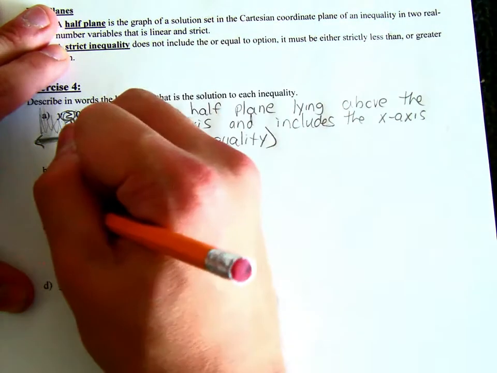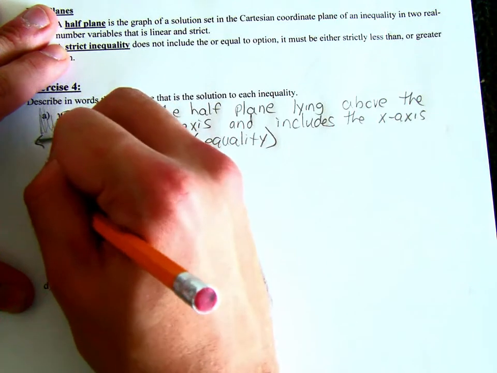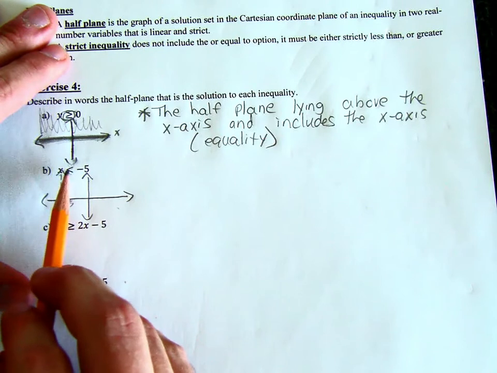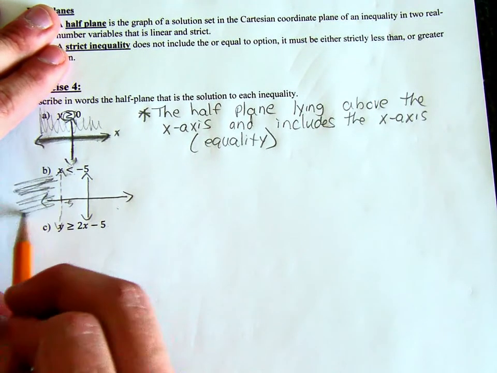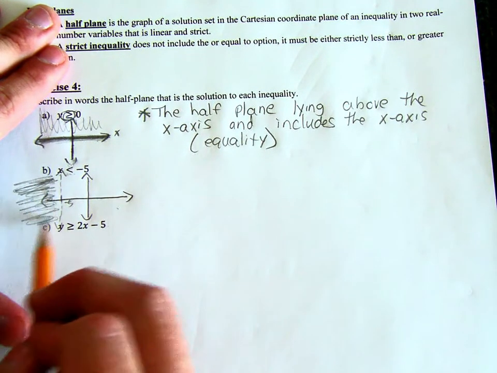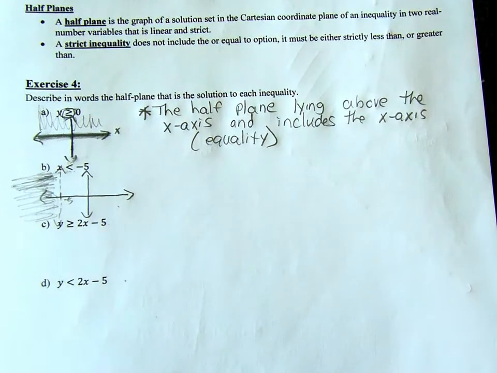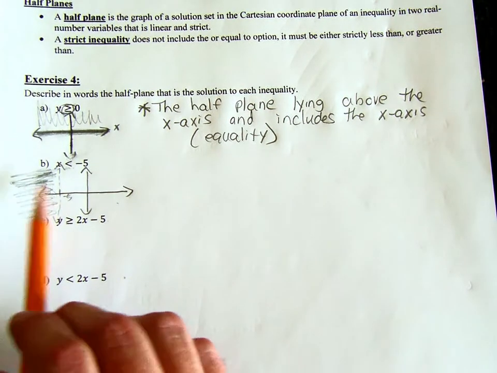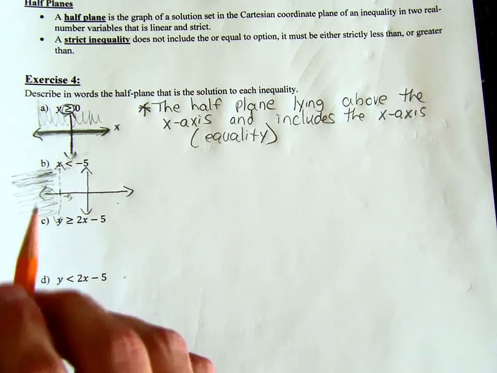So let's just say that this is about negative 5, and we're just going to sketch in our dotted line there. We know that if x is less than negative 5, it will be everything less or to the left of it. Okay? So if we look at this, because we know that if we go negative 6, negative 5, we're all going less than negative 5. That's why we shade to the left when it's a vertical line.